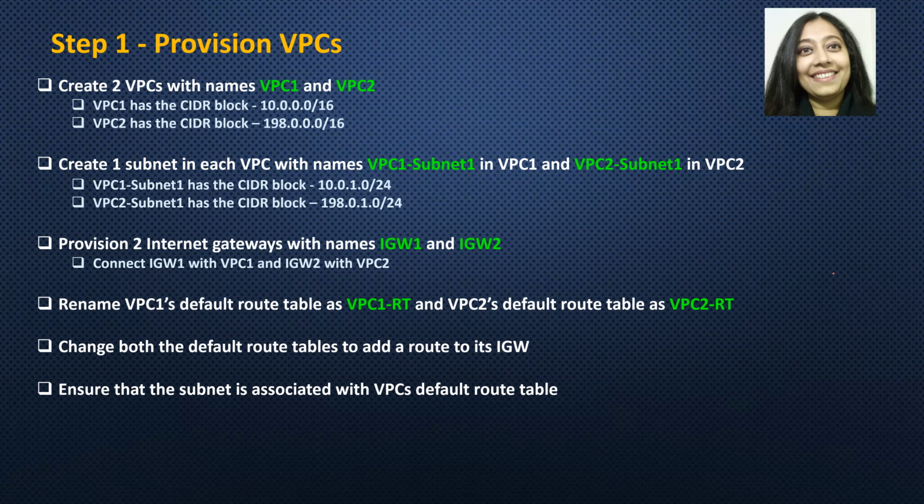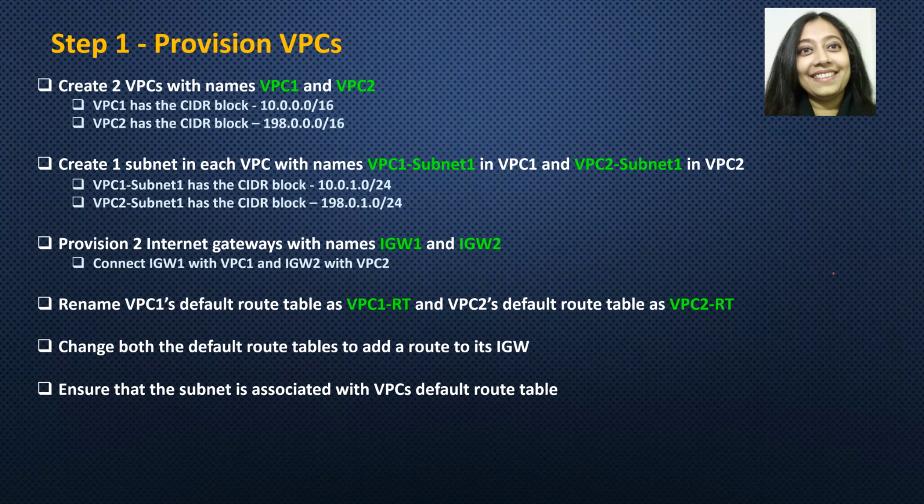Steps for our lab today. The first thing that we have to do is provision our VPCs. Remember, we have two VPCs with one subnet each. Since one of our VPCs has a public facing EC2 instance, I'm going to provision an internet gateway. Just to keep it consistent, I'm going to provision internet gateways for both the VPCs, but you don't need to do that.